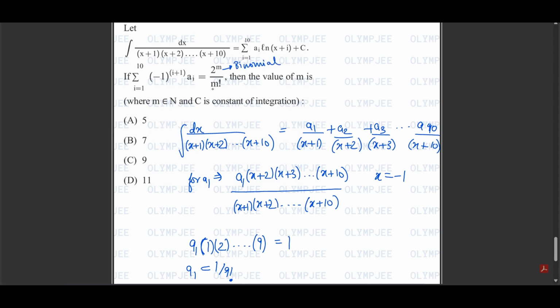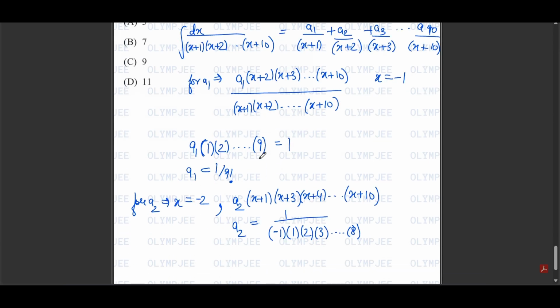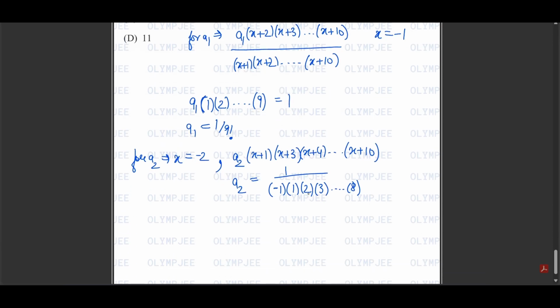And we need to have the same denominator everywhere, which is m factorial. So I'll try to make this denominator a factorial. This had 9 factorial, so this also must be 9 factorial. So I'll multiply it by 9 and this also by 9. So this would be minus of 9 by 9 factorial.